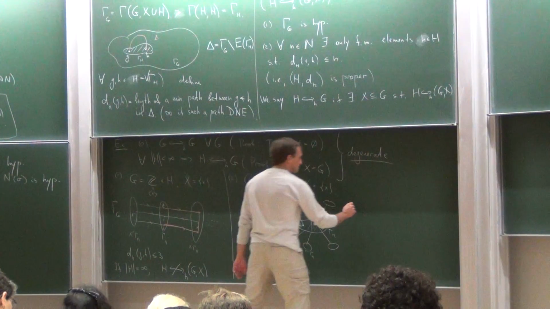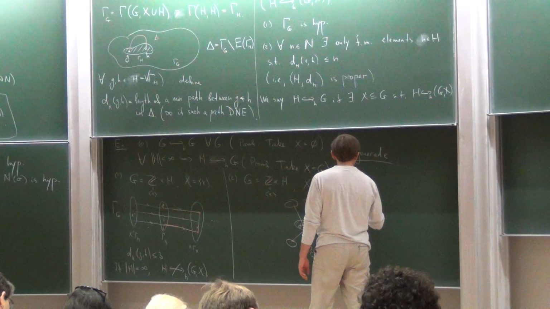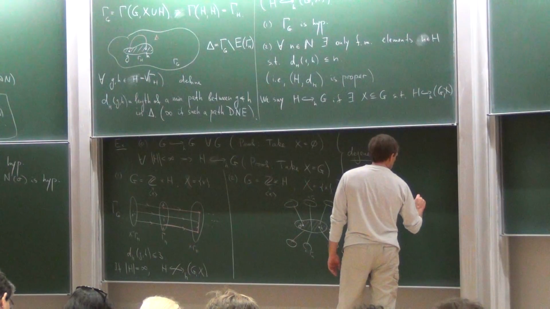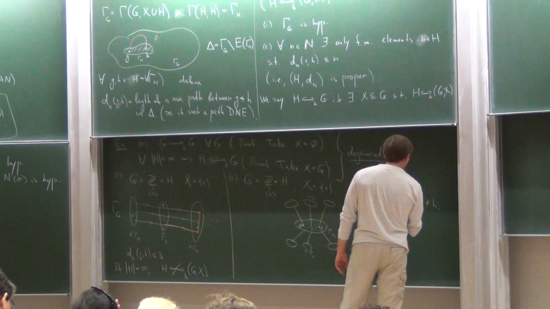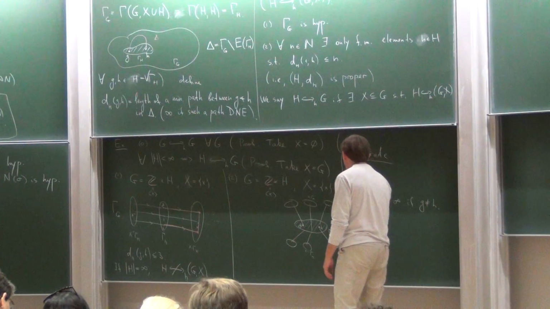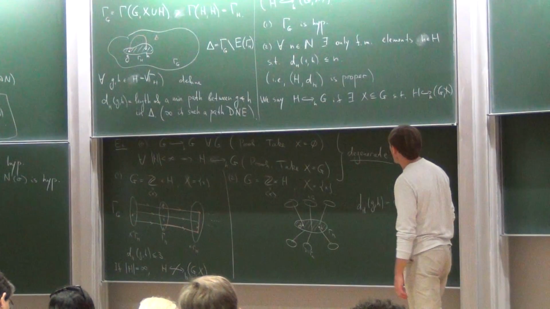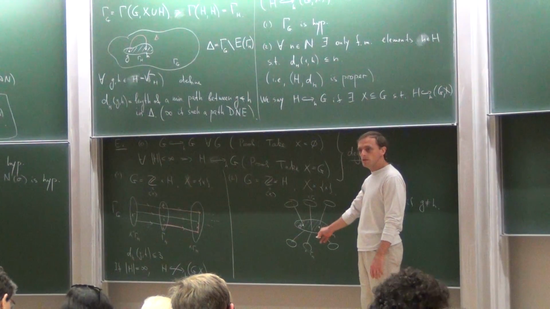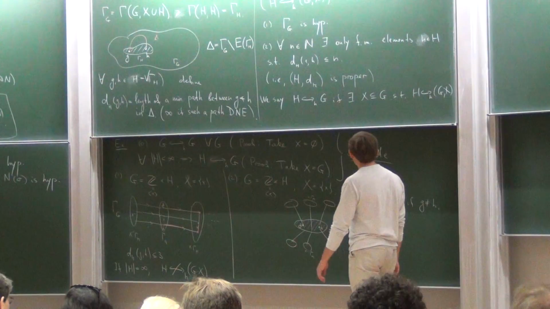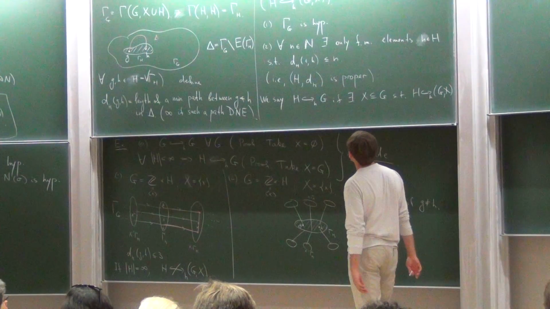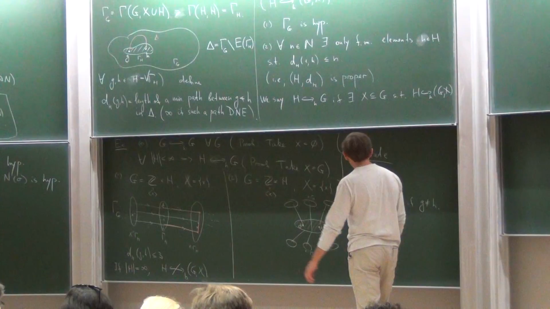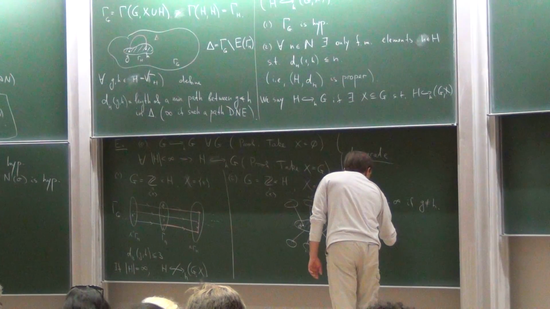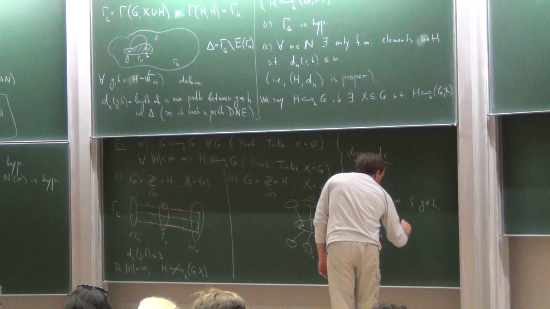So in this case, the distance between G and H is infinite if G is not equal to H. Which means that in this situation, both conditions from the definition hold true. So the first condition is true because this is quasi-isometric to a tree, and the second condition is true because the distance between any two different elements is infinite. So in this case, H is hyperbolically embedded into G with respect to X.